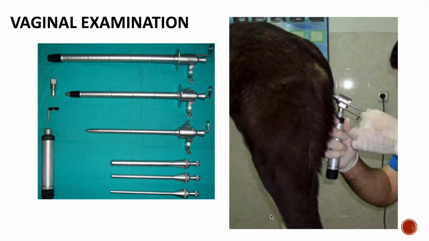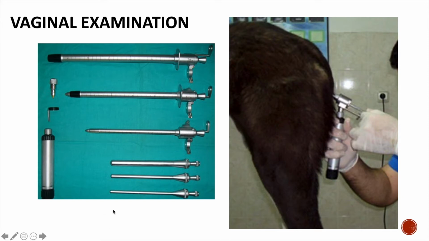For vaginal examination, we use vaginoscopes or speculums to visualize the inside of the vaginal mucosa. It helps us to see if there are any tumors or if any pus comes out, and it helps us to determine where the pus is coming from, or which phase of the oestrus cycle the animal is in.